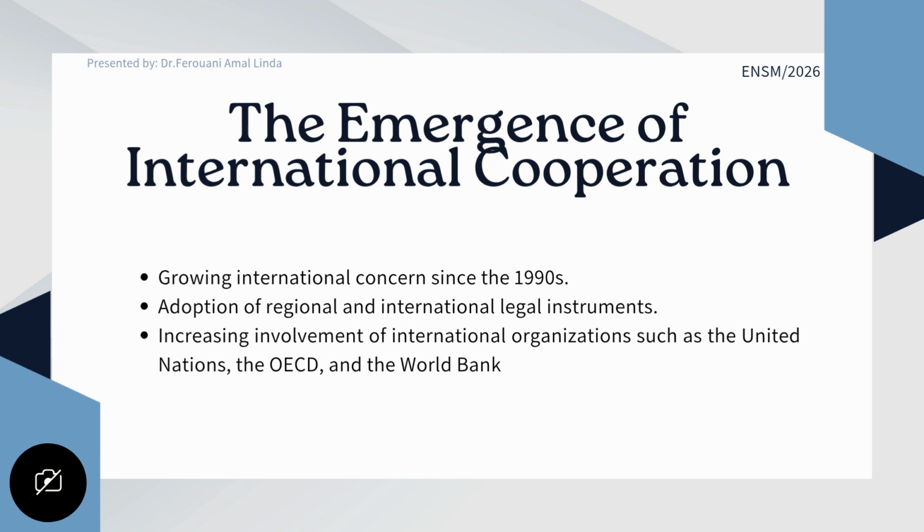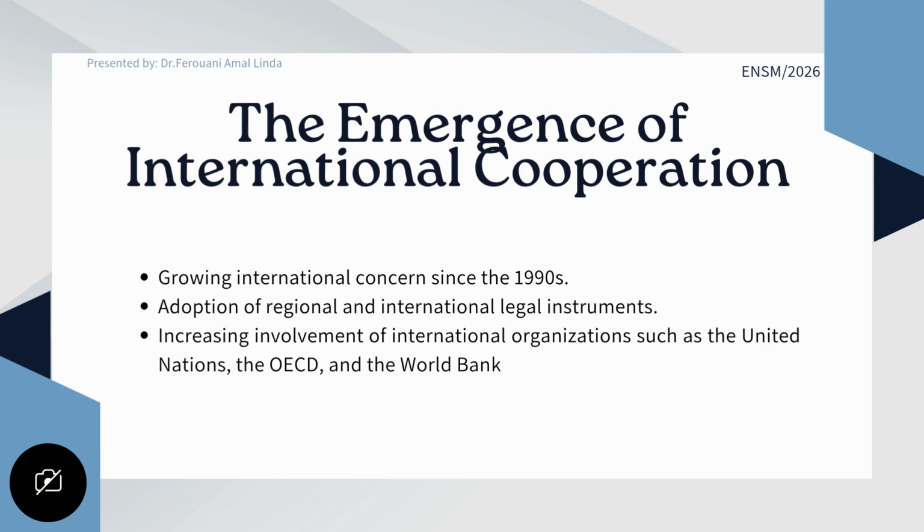Since the 19th century, corruption has increasingly been recognized as a global challenge requiring coordinated responses. International and regional organizations, including the United Nations, the OECD, and the World Bank, have played a central role in developing legal instruments and institutional frameworks designed to combat corruption.